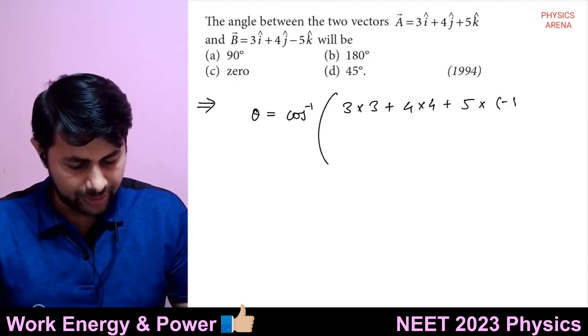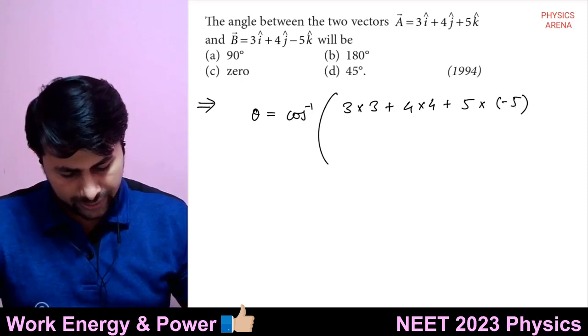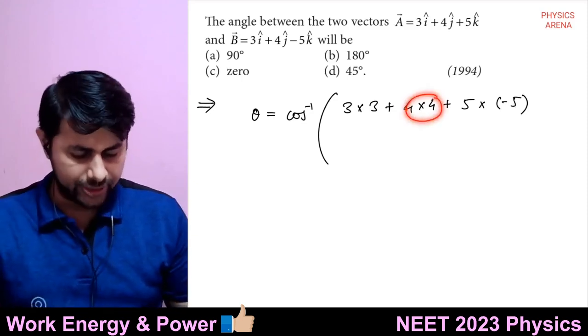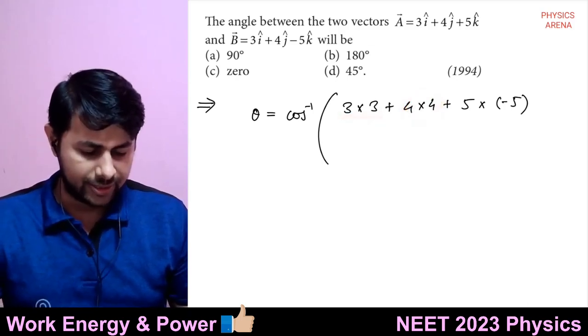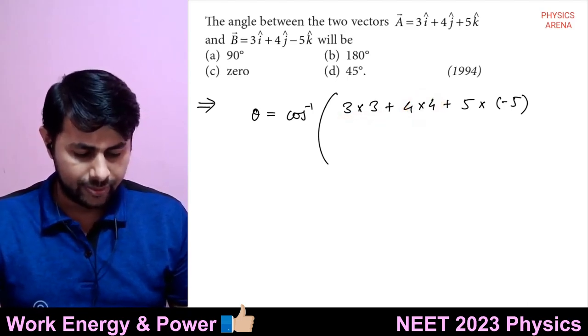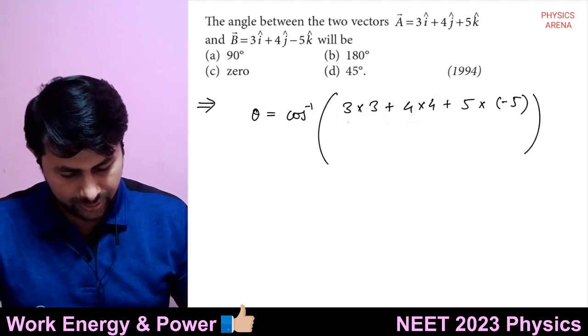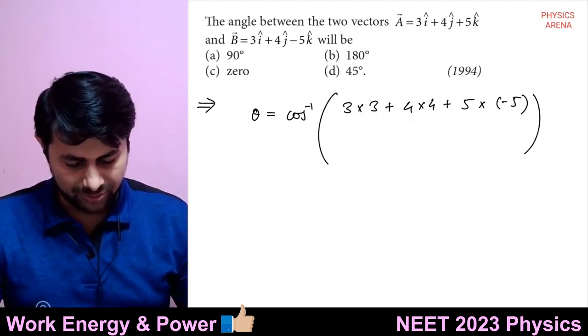So 4 times 4 is 16, 16 plus 9, yeah. This is equal to 0, and cos inverse of 0 is equal to 90 degrees.